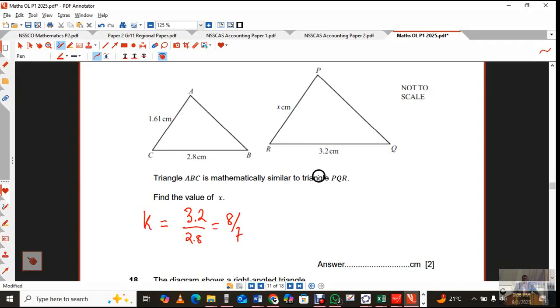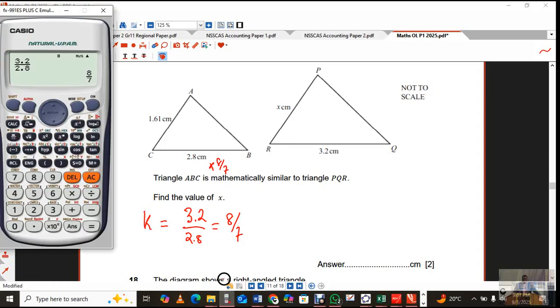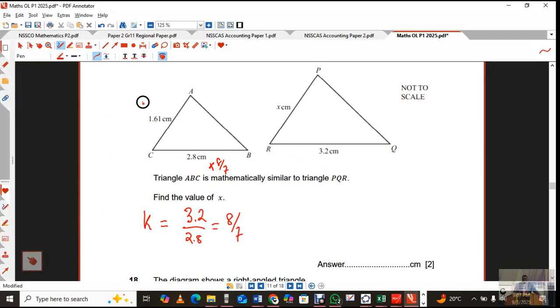If you take the small number, 2.8, and multiply it by 8 over 7, you are going to get that answer there. So I'm going to do the same: multiply this here by 8 over 7.